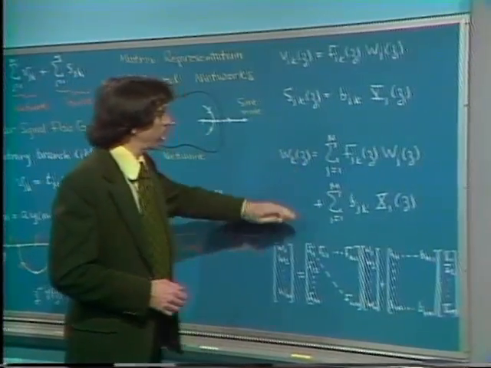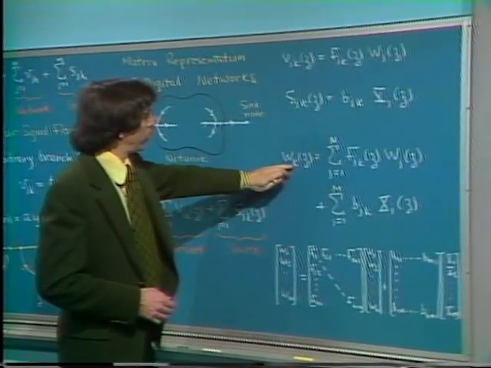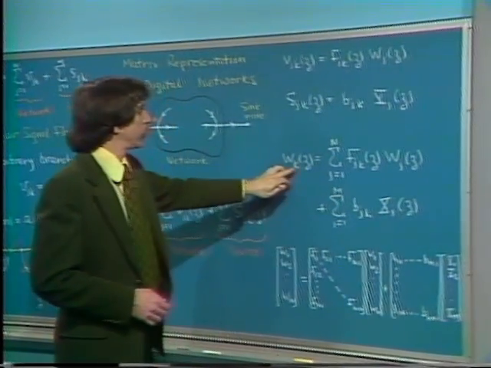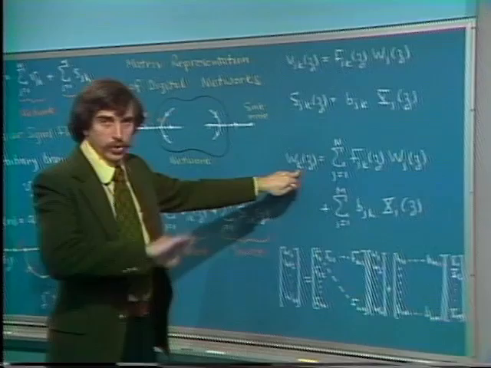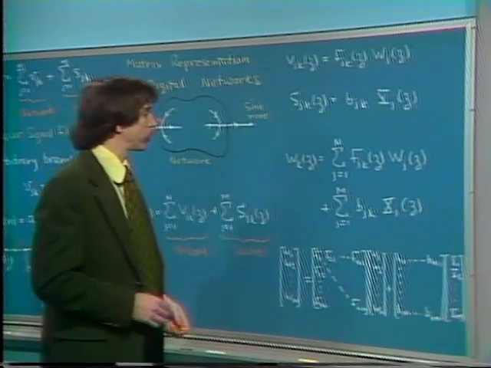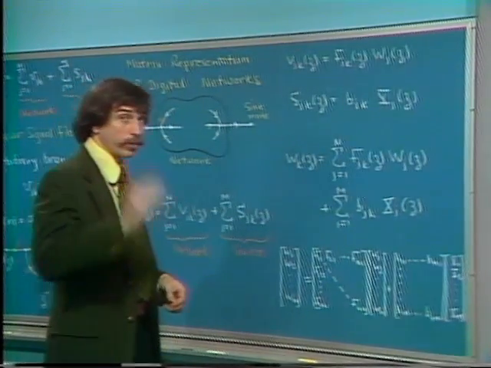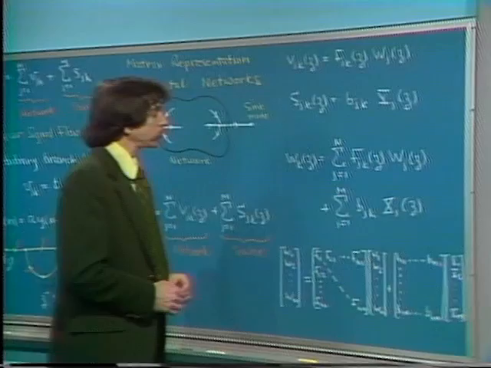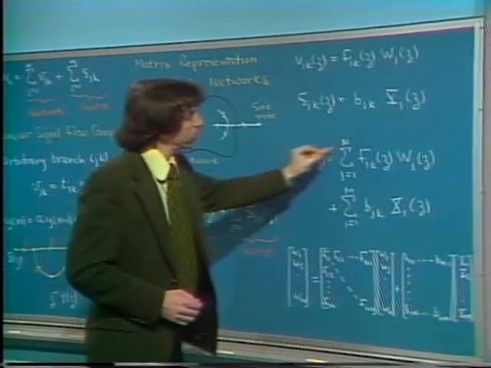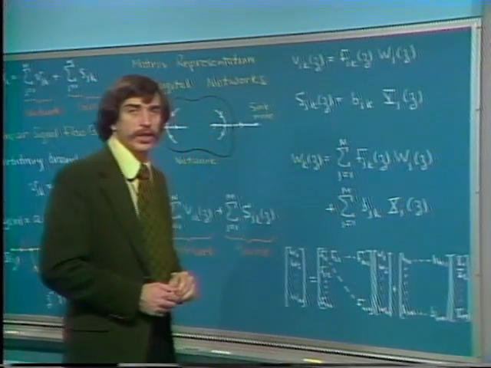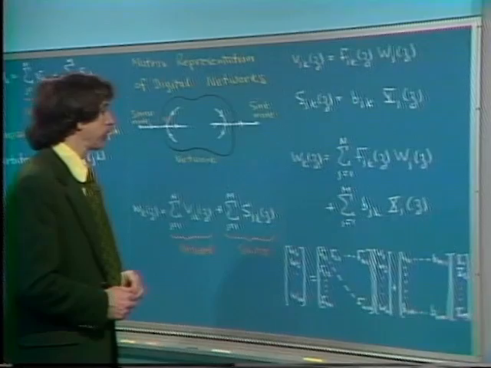This is a set of equations, of course, because we have an equation like this for each value of k as k runs over all the network nodes. In other words, for k starting from 1 and running up to n. We can express this set of linear equations in matrix notation.